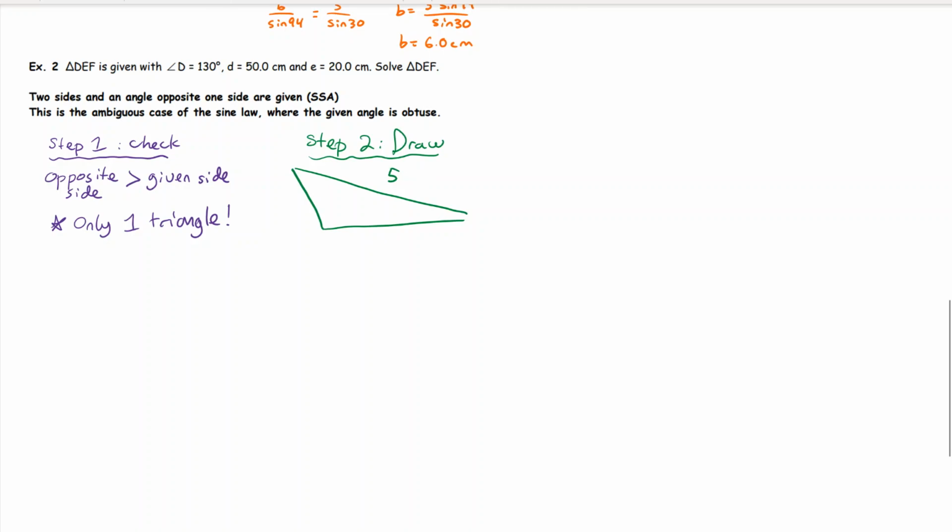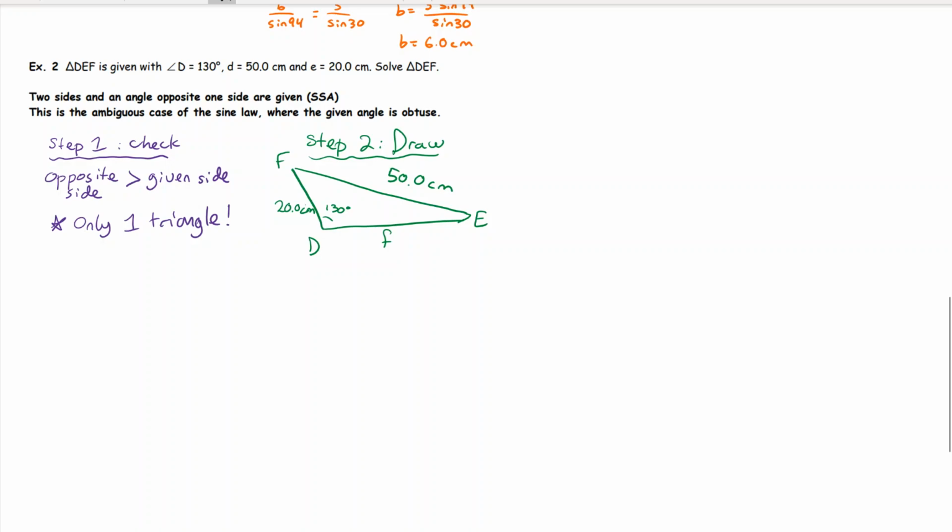My shape's looking weird. 50 centimeters, and this is angle D, which is 130 degrees. And then I know that angle E, let's say that this corner was E, I know that this side is 20 centimeters, right? So what I don't know is angle F, or side f.